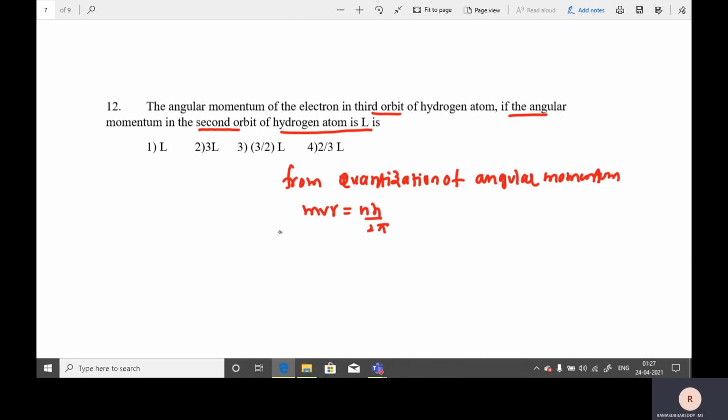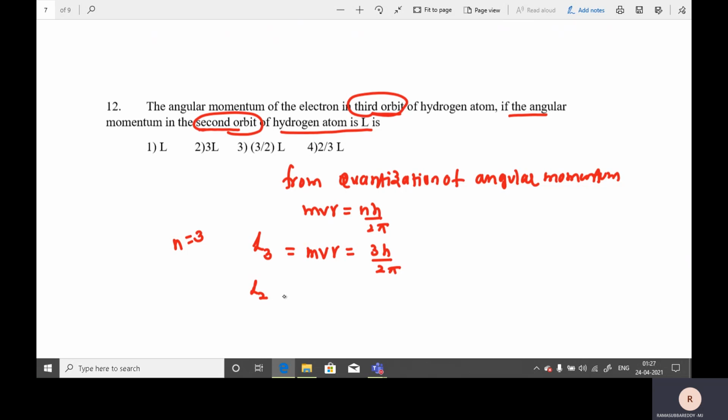Then here for L3, the angular momentum for the third orbit of hydrogen atom and the second orbit of hydrogen atom, they asked to find the relation. For the third orbit, n is equal to 3, so mvr is equal to 3h by 2 pi.